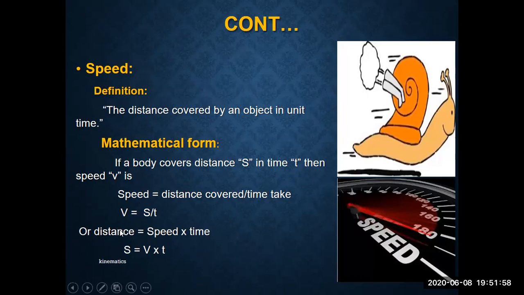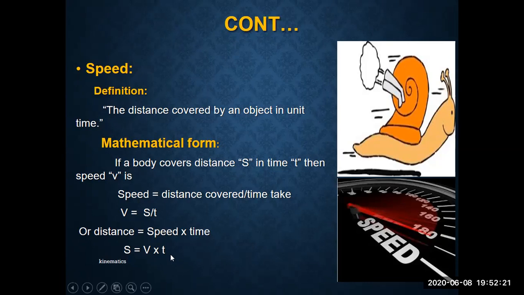Distance is calculated by using normal mathematical techniques, that is s is equal to vt. Means if here you are writing s, multiply with t on both sides, you will be getting s is equal to vt. This is the formula to calculate distance.